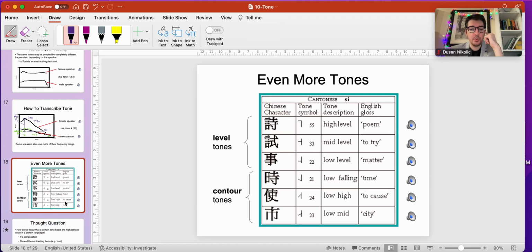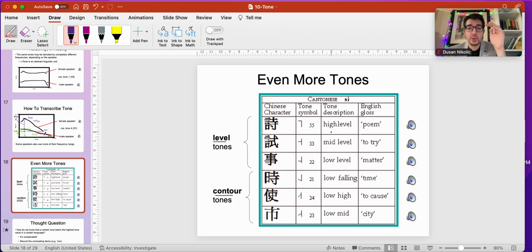Okay, here I would like to draw a distinction between level tones and contour tones. Level tones are the tones which do not change, meaning that if they start at 3, they will continue towards the end and remain at this level, and that's why they're called level tones.